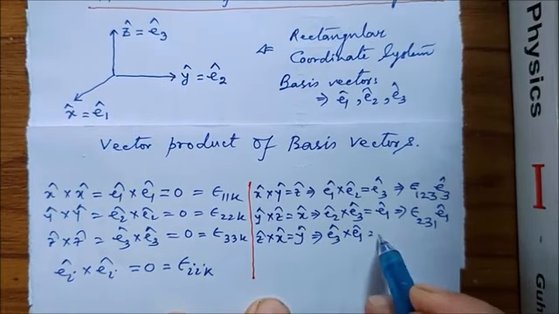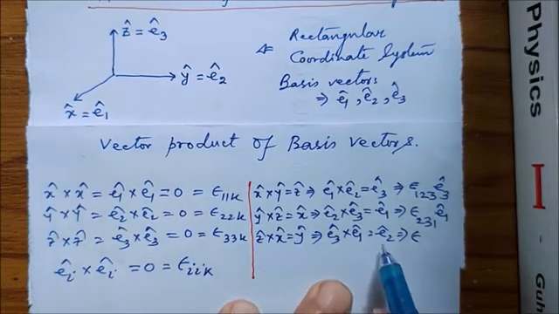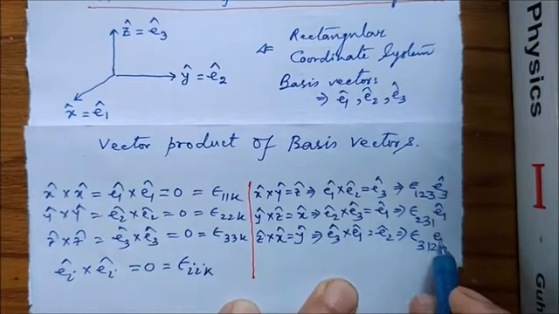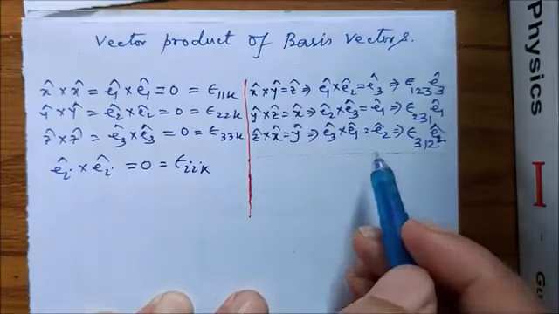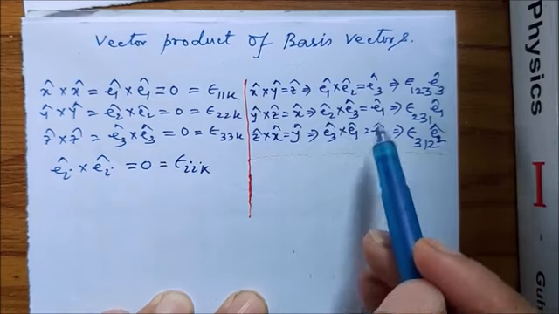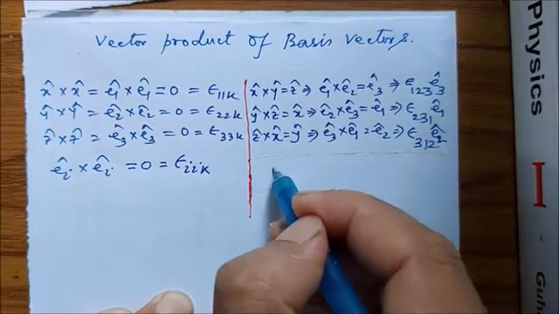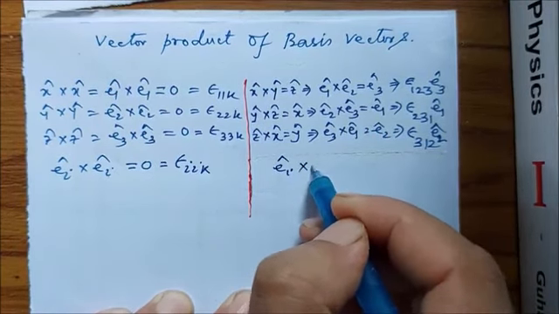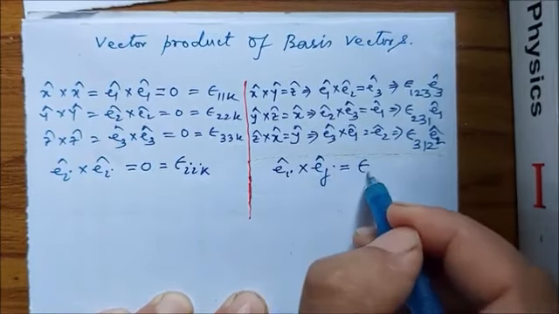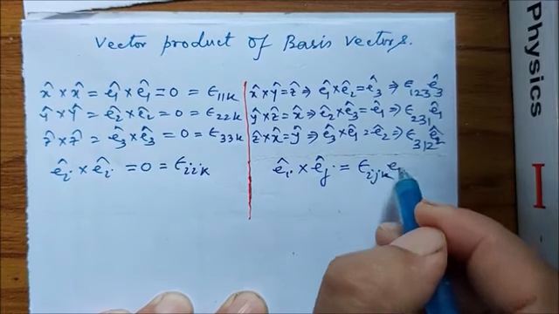This will be y, that is e2 cap, Levi Civita 3, 1, 2, which is plus 1. We find that the indices in these relations occur cyclically 1, 2, 3, 2, 3, 1, 3, 1, 2, and therefore the general relation can be written in this way. j comes after i, epsilon ijk, so the cyclic relation is maintained.